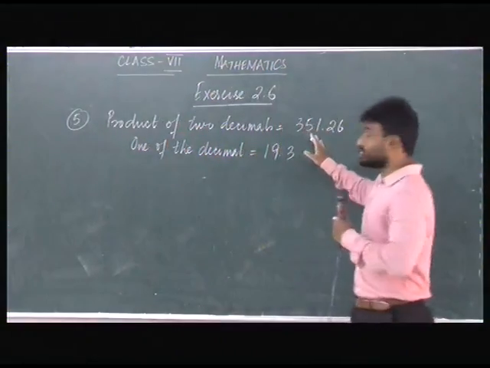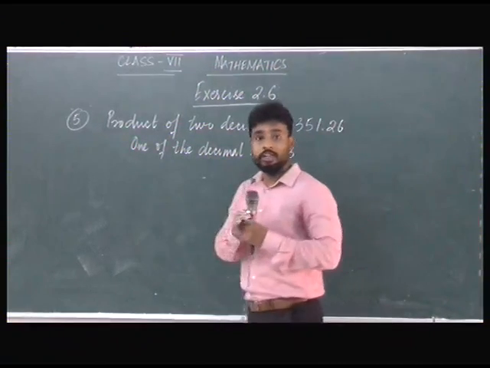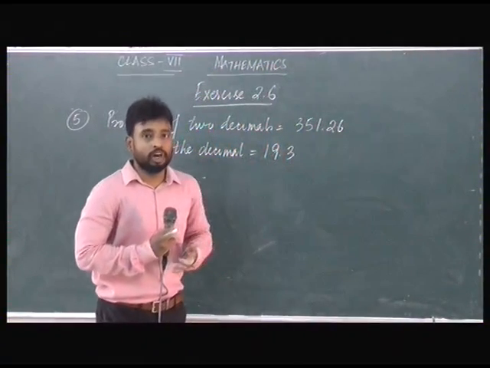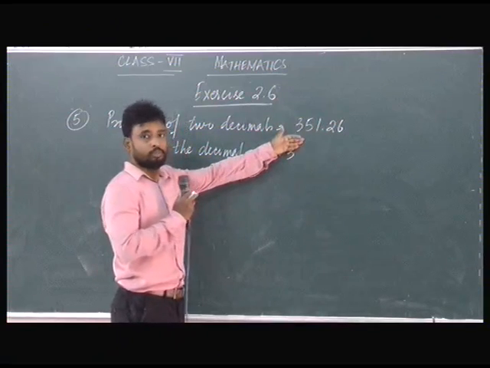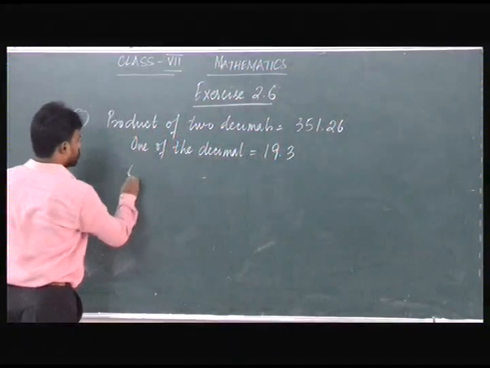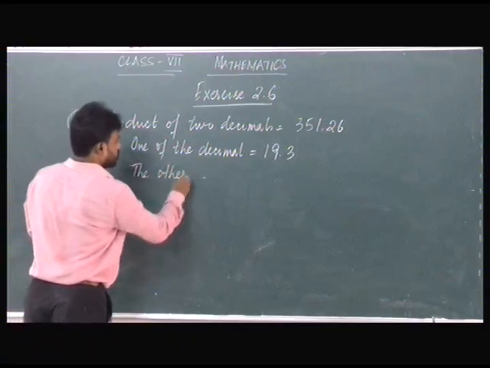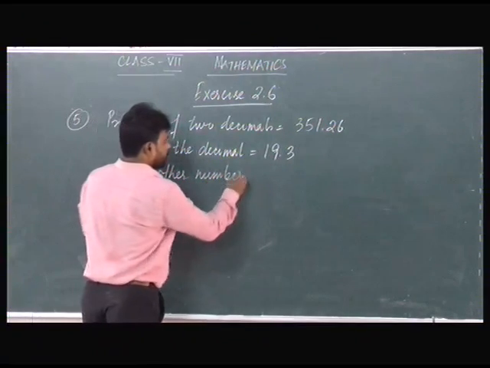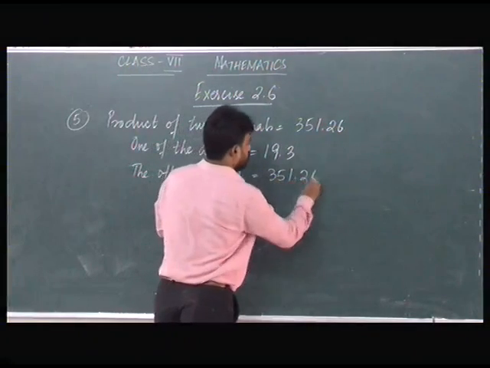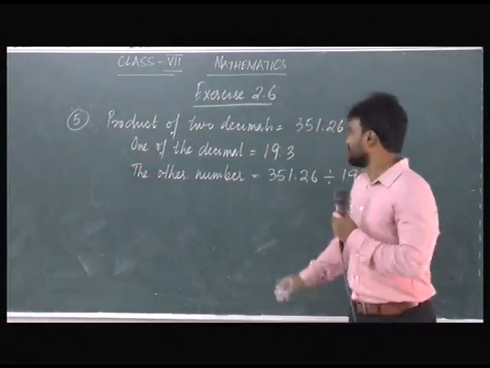Now, if the product is 351.26, and one of the numbers is 19.3, then the other number has to be found by dividing this product by the known number.